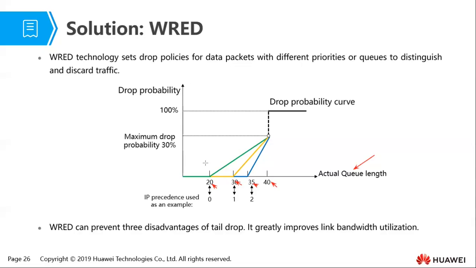So this one is the first one that is going to start dropping, then this one, then this one. Then when they hit 40, all of them will just be discarded because this is the maximum. So it's going to be dropped at the maximum of 100%.